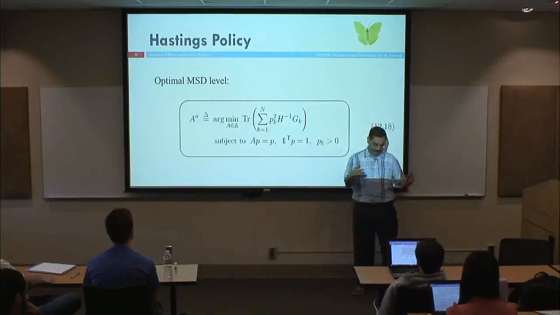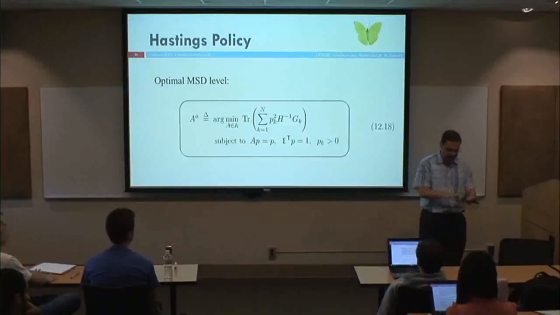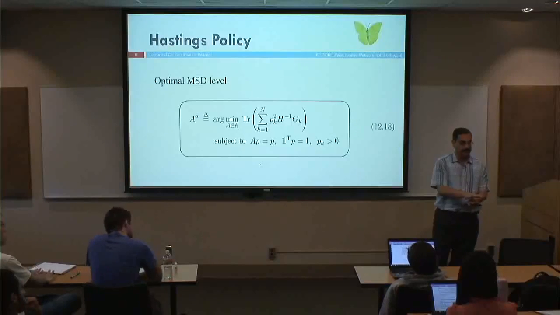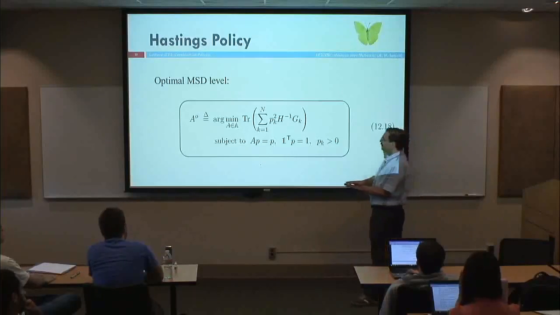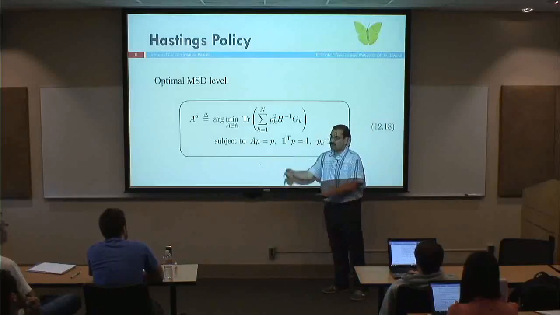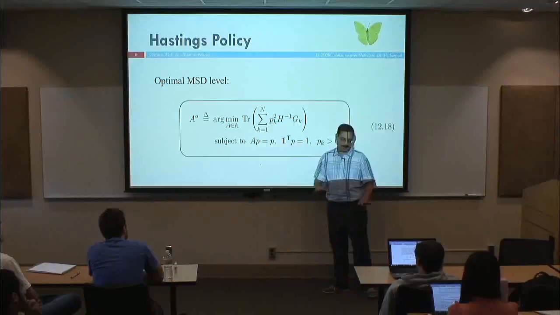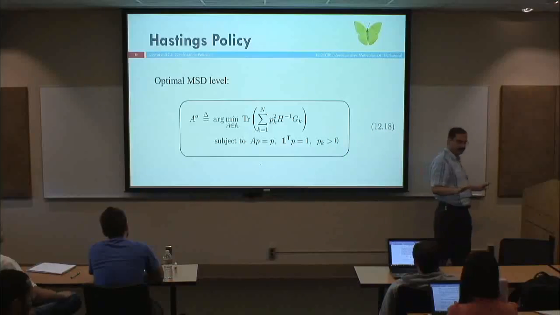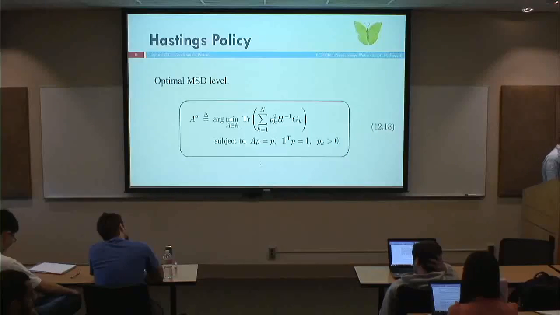Meaning I have a network, I already have the topology, I just want to find the A. The A that I want to find is such that the P that corresponds to it minimizes this expression. This way I end up with the smallest MSD. This was the problem we solved before.